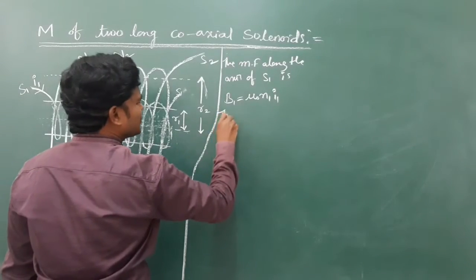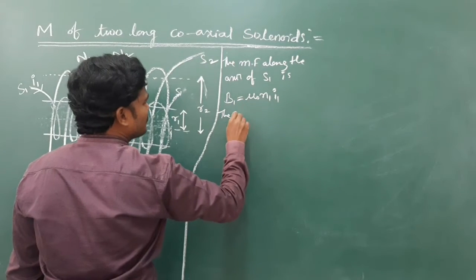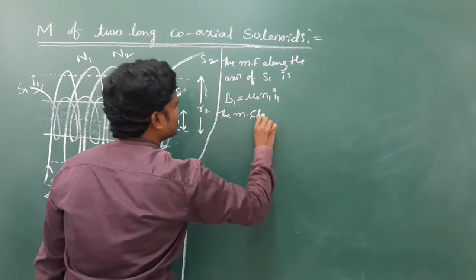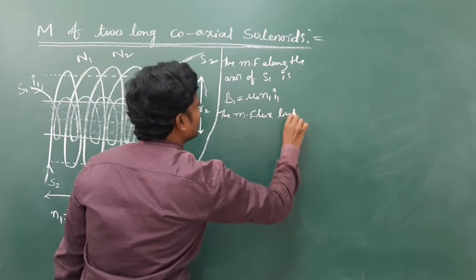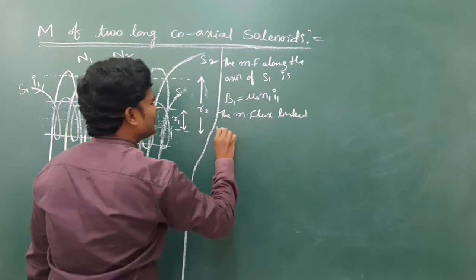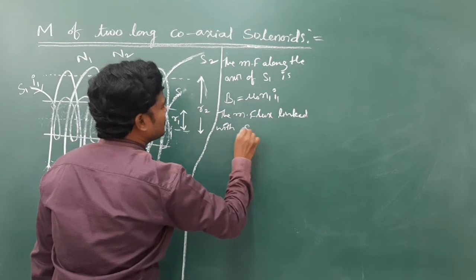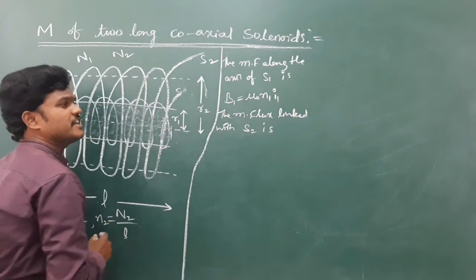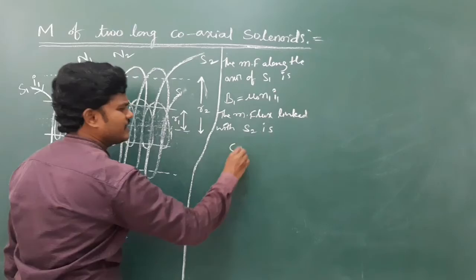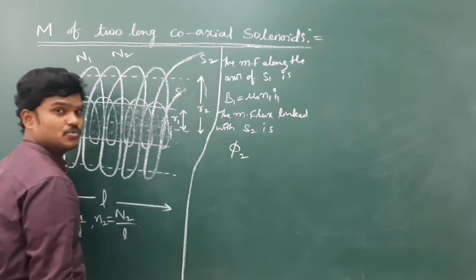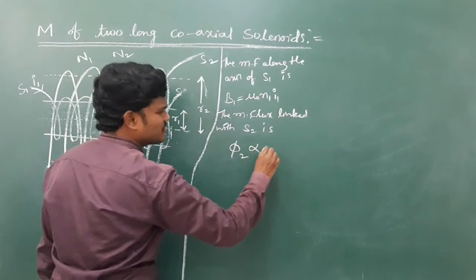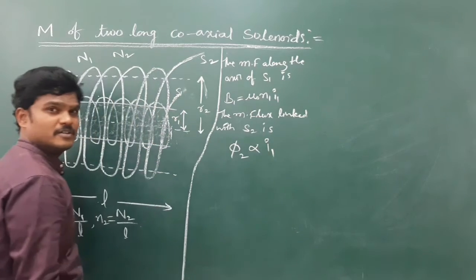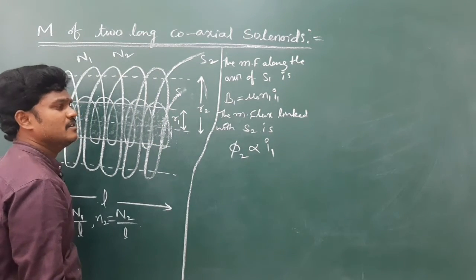So because of this magnetic field, the magnetic flux linked with the second coil, linked with S2, let me write as phi 2. No doubt this phi 2 is proportional to what? I1. Recall the mutual induction concept.